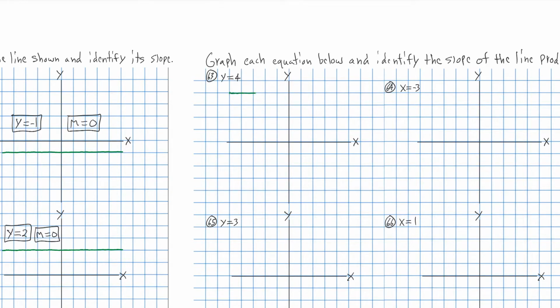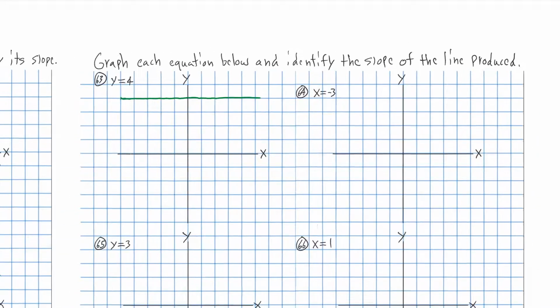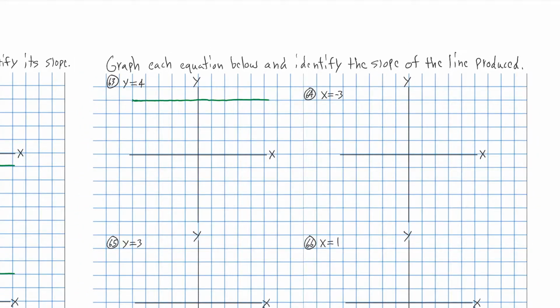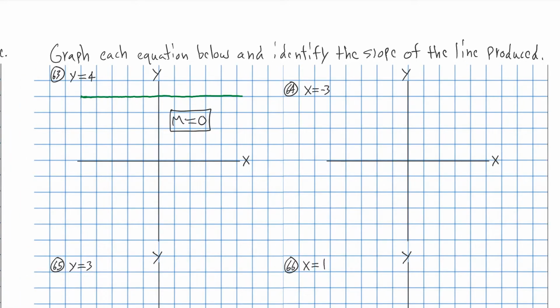It will look like that, very easy. Don't go past your window there. All right, and it says find the slope also, so the slope would be 0. Slope of a horizontal line is always 0. So you draw the line and you mark the slope.